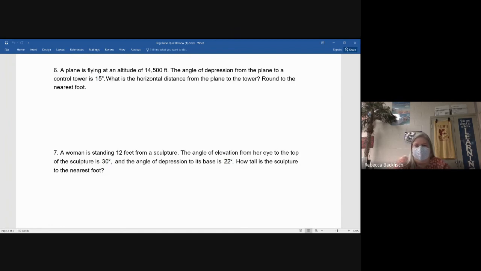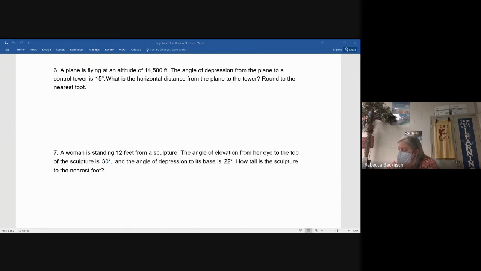This is basically saying something like this. Maybe she's on a little hill, maybe she's on a platform. She has 30 degrees up to the top. She has 22 degrees down to the base. She's 12 feet away from the structure, so this is 12 feet. So this basically gives me two different triangles to solve.